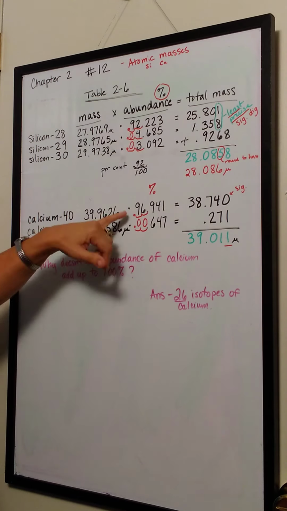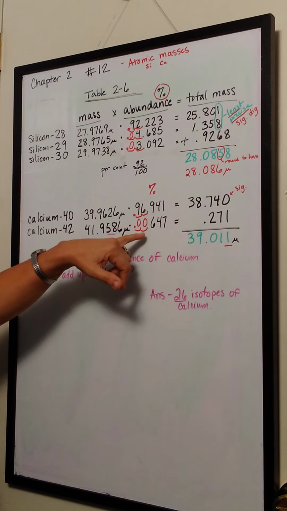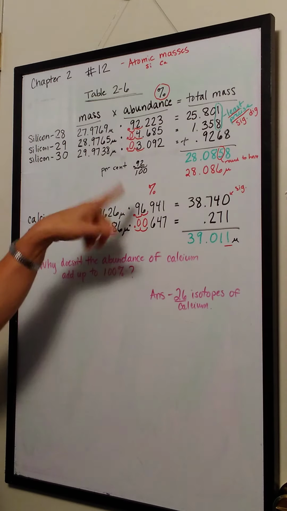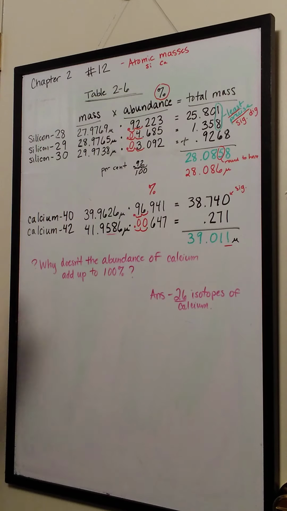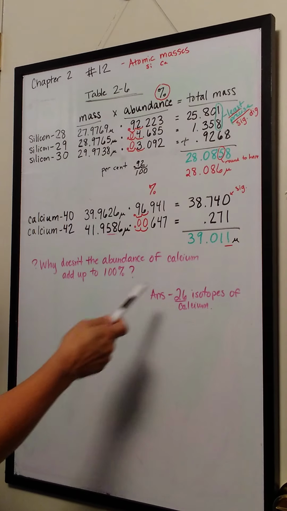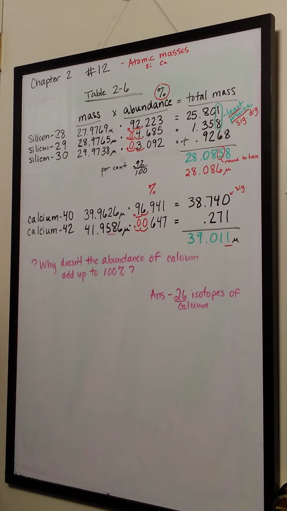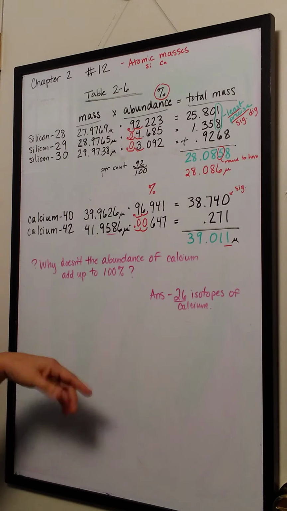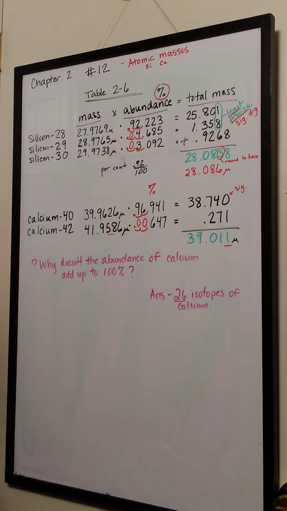Calcium, not so much. 96 and 0.6, or maybe 97 and 0.6, is not 100%. And the reason is, I looked it up, there are 26 different isotopes of calcium. So in table 2.6, only 2 are listed. So that's why that makes up the difference. There are many other isotopes that didn't make it into the chart that account for the difference to get that up to 100%.